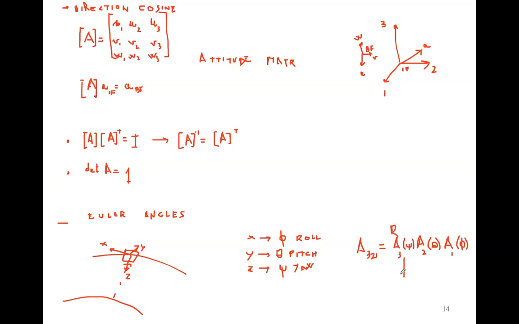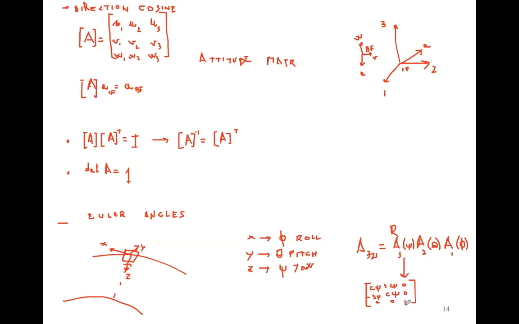So for example, if we want to write this one, it is given by cosine of psi, cosine of psi, sine of psi, and minus sine of psi. And similar expressions for the others, although they are rotations along different axes.